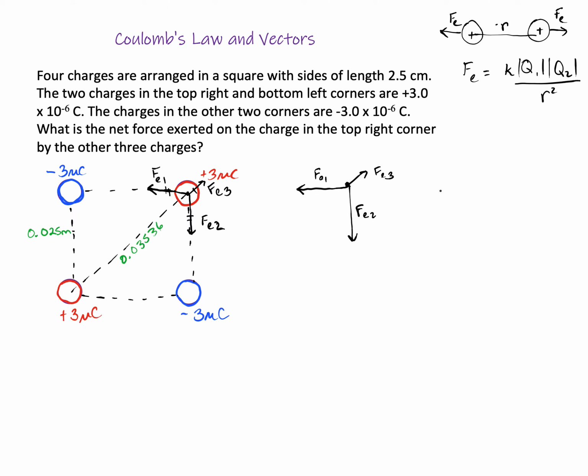Now I know that in order to find a net force, it's really the sum of all the forces that are acting on the object. And when we do vector addition, we have to sum things that are in the same dimensions first before we can find resultant values. So in other words, what I need to do is find a net force in the horizontal and the vertical dimension in this case, or parallel and perpendicular.